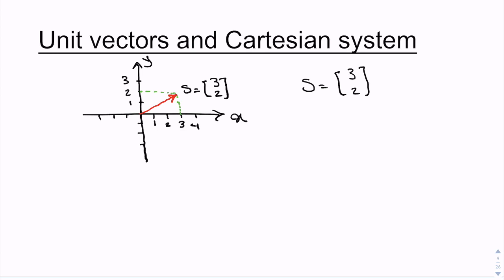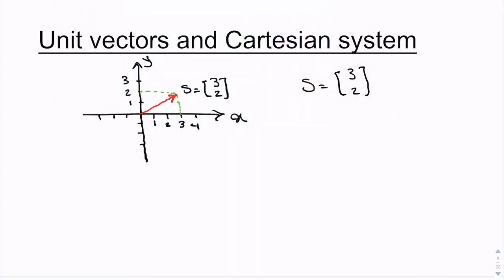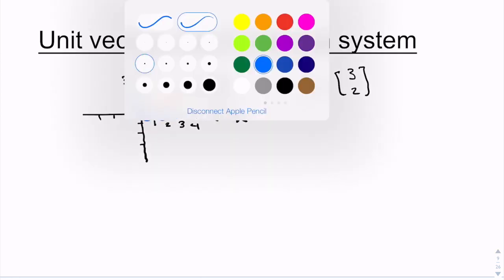So when you want to define this vector, its coordinate means moving 3 units on the x-axis and 2 units on y, and then we arrive there, right? Then we can define some unit vectors in this coordinate system.